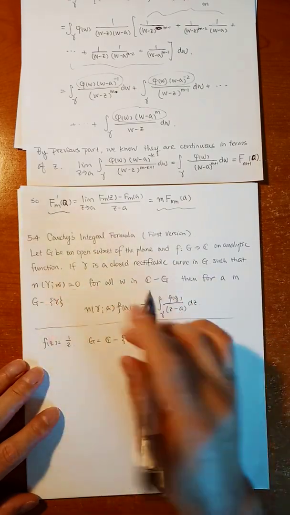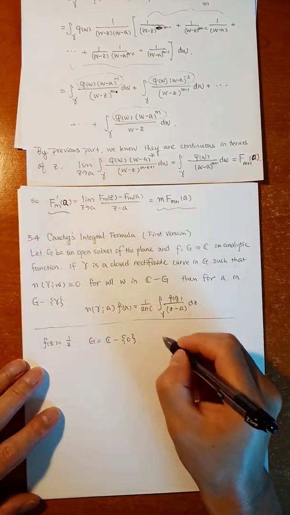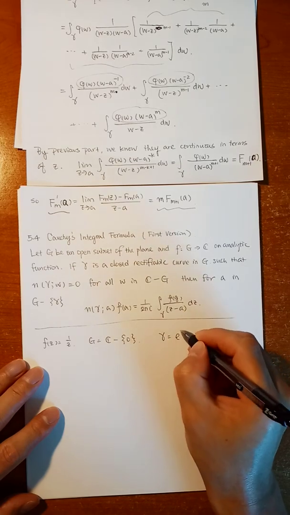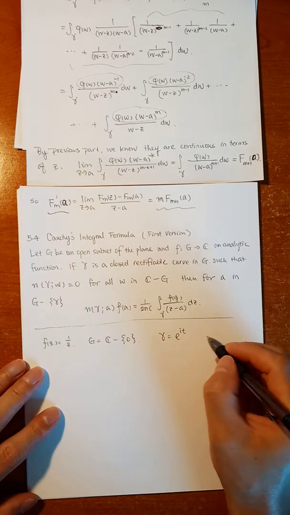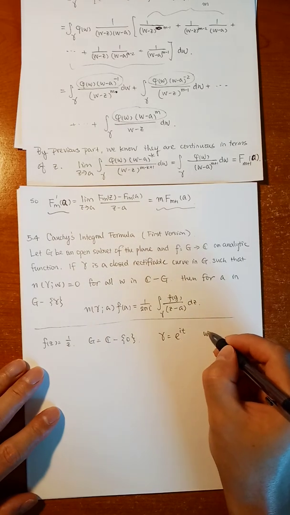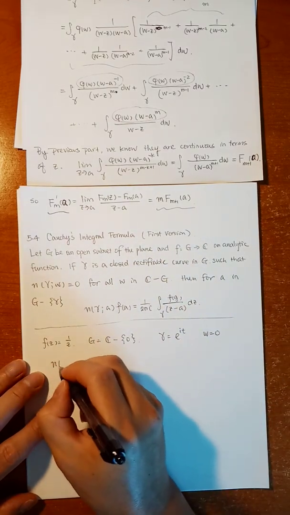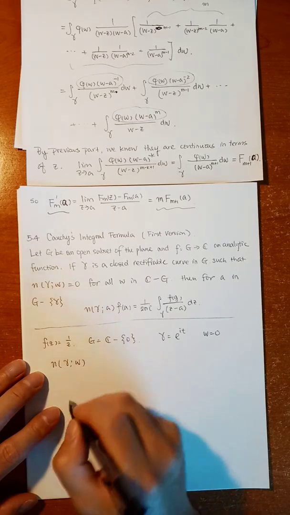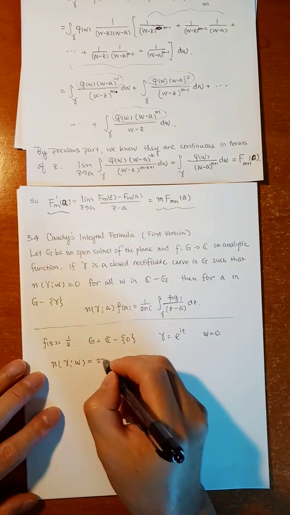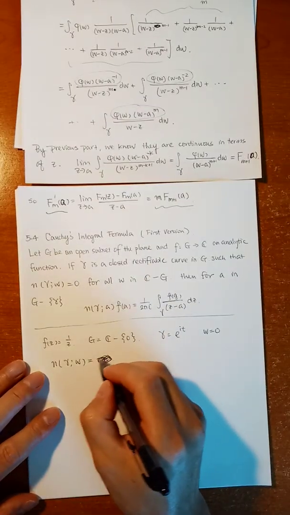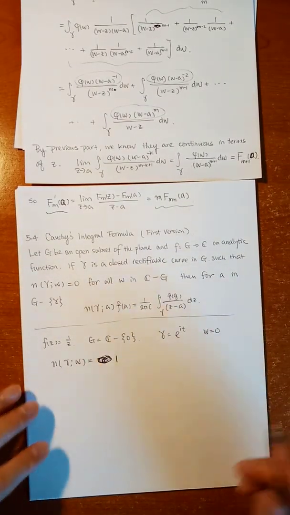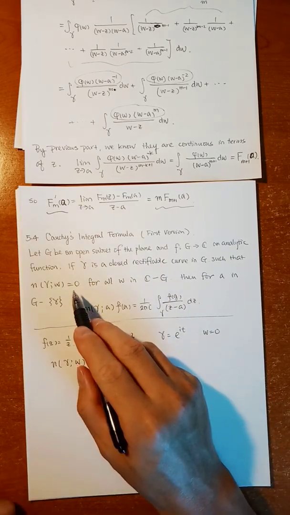And the winding number for whatever gamma, for example, gamma of t is e to the it. Then for w equal to 0, the winding number of gamma with respect to w is equal to 2 pi i, and the winding number is an integer, already divided by 2 pi, is equal to 1.